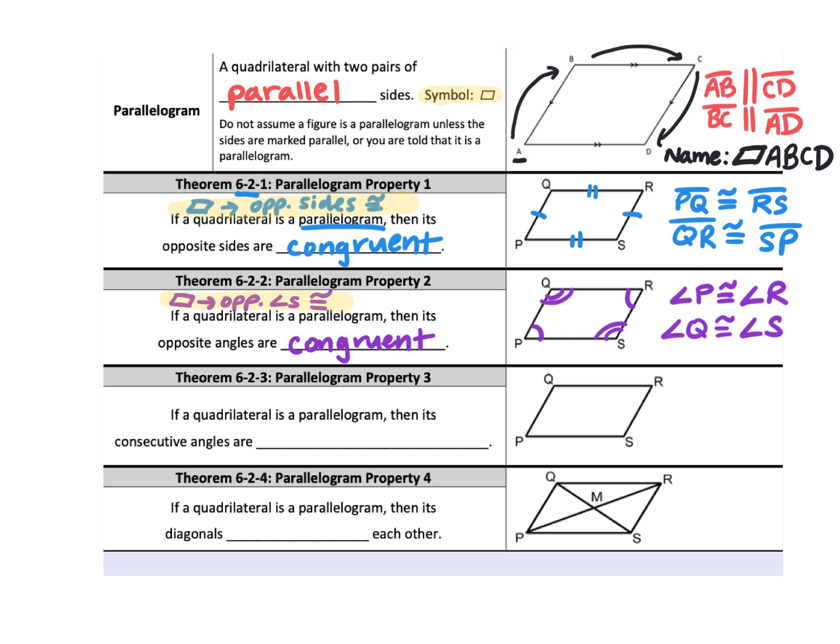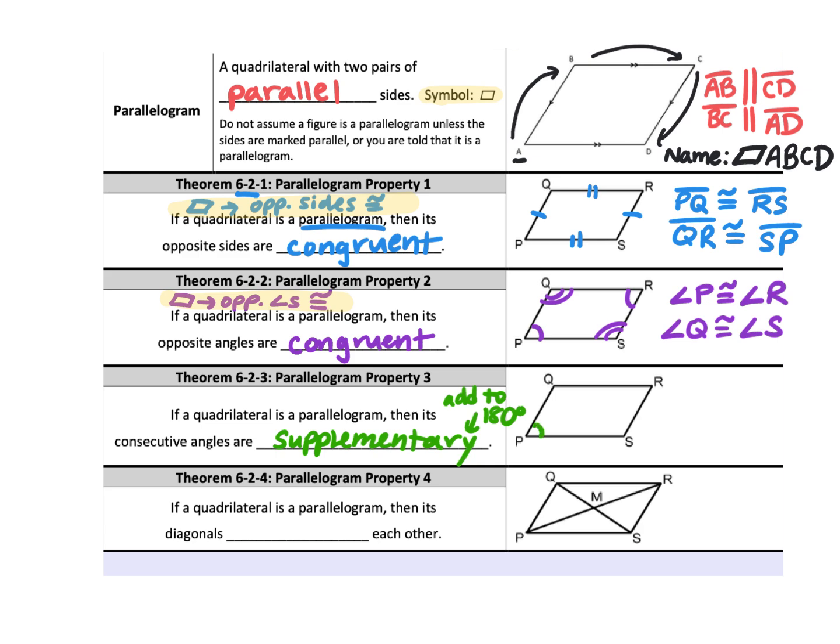The third property of a parallelogram is that if a quadrilateral is a parallelogram, then its consecutive angles are supplementary. And recall that supplementary just means that they add to 180 degrees.